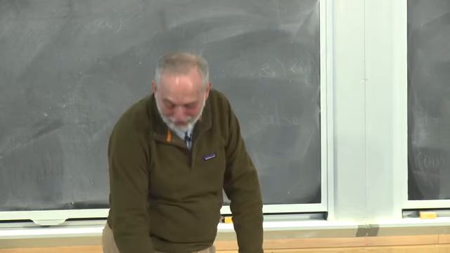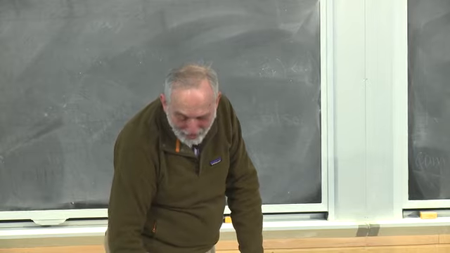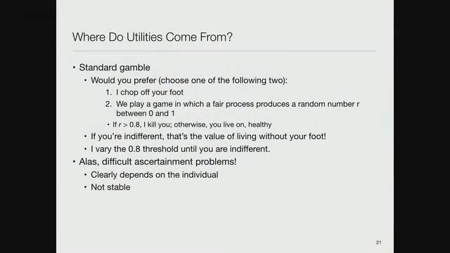Okay, so I just said this. And then the question of where do you get these utilities is a tricky one. So one way is to do the standard gamble, which says, okay, Mr. Solovich, we're going to play this game.